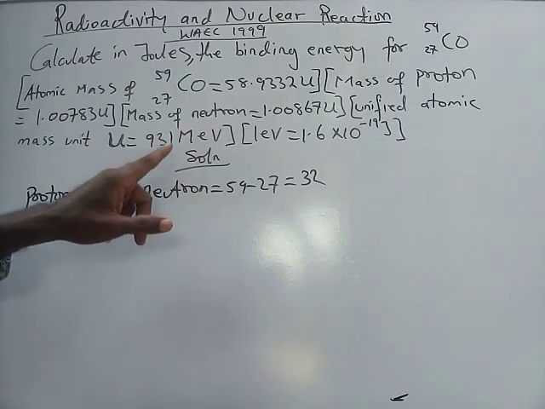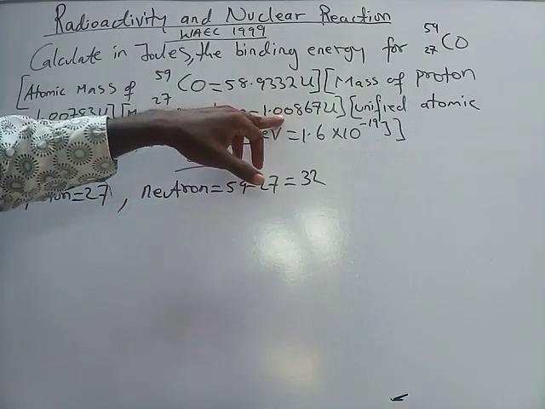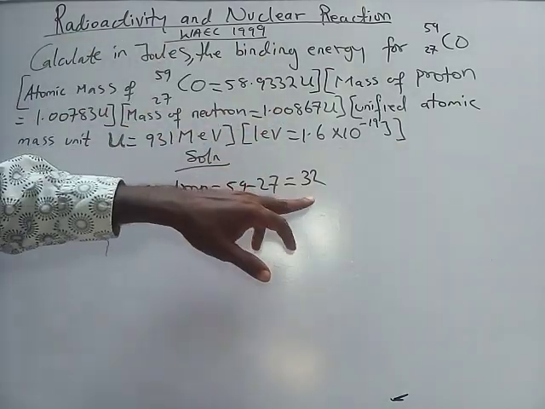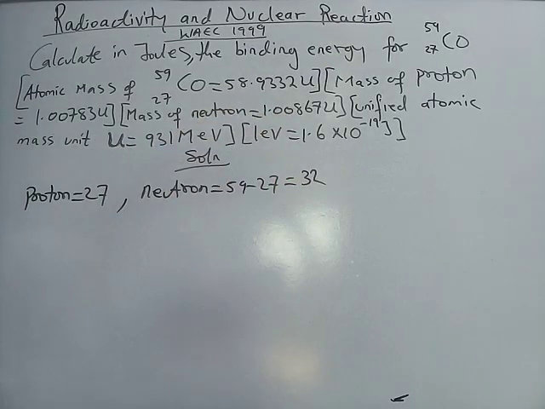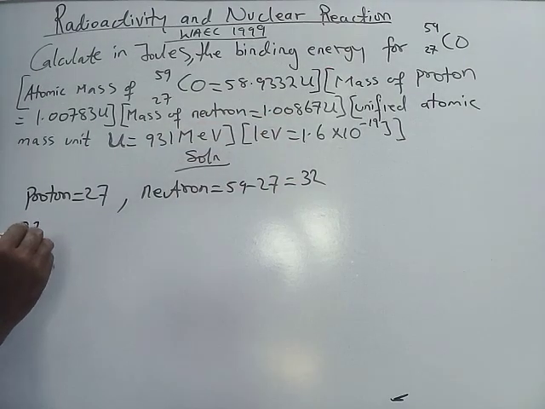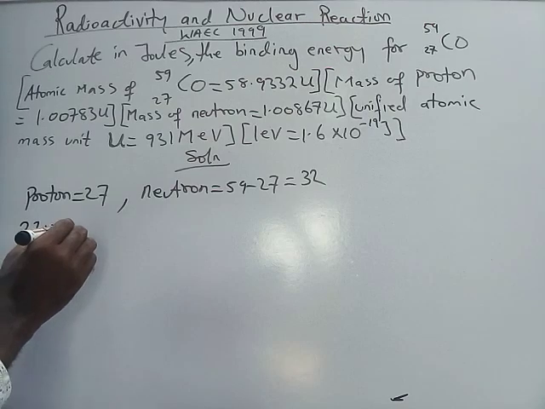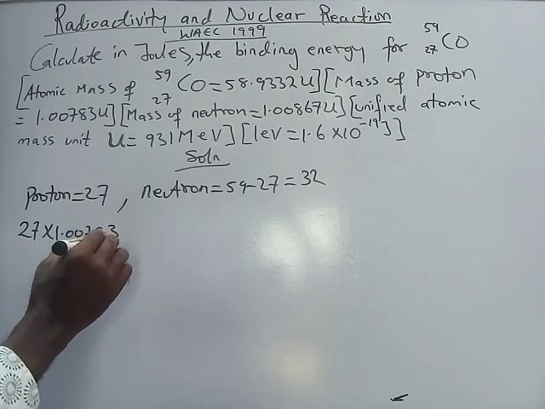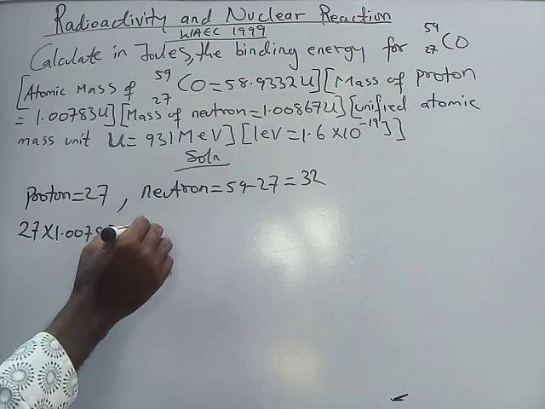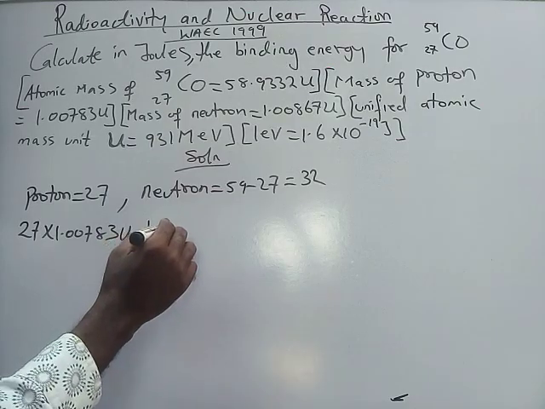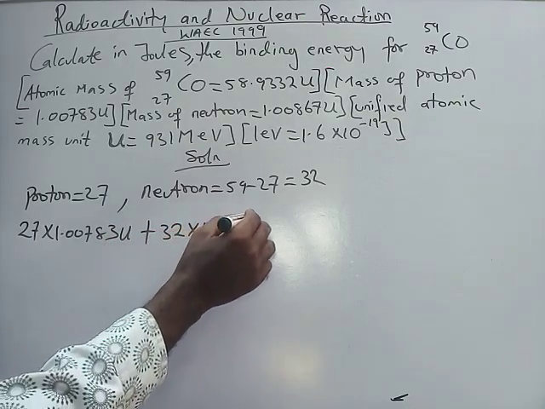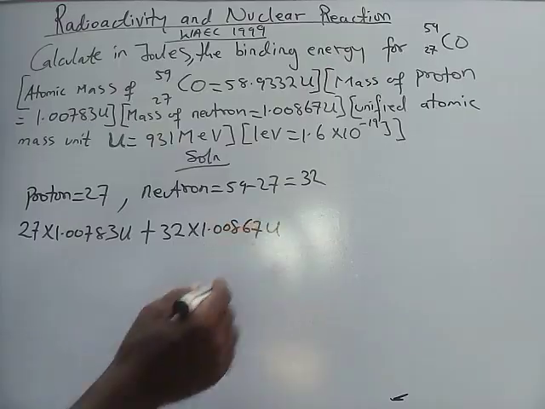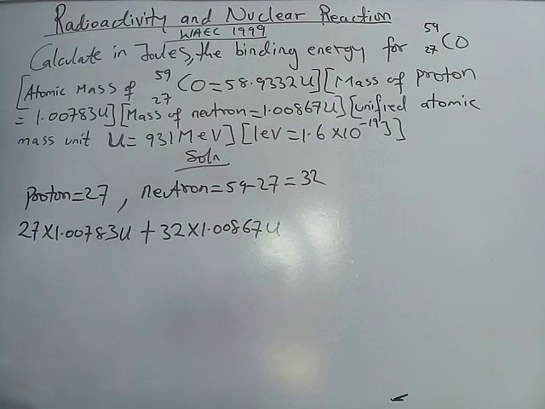If the mass of one neutron is this, the mass of 32 neutrons is this times 32. So we have 27 times 1.00783 U plus 32 times 1.00867 U. These are the things that came together.